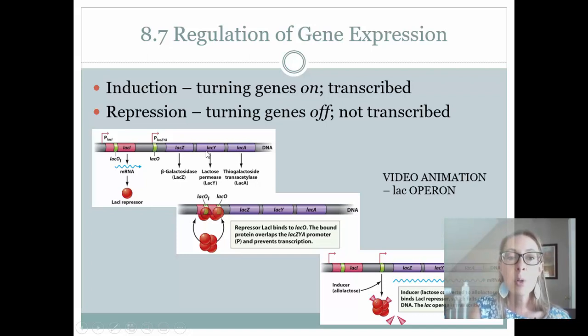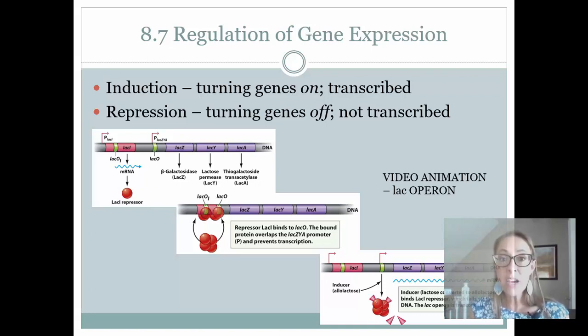We have multiple genes that are controlled by that promoter region. So we've got an enzyme here, beta-galactosidase. We have lactose permease. We have a couple of other enzymes. Those genes code for enzymes, and those enzymes are responsible for metabolizing lactose. Well, if lactose is available, do you want those genes induced or repressed?